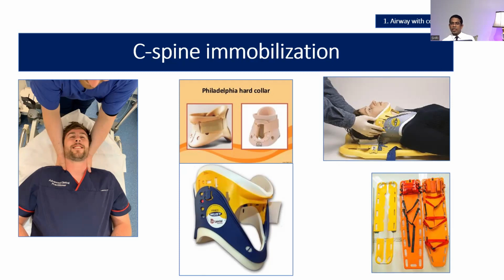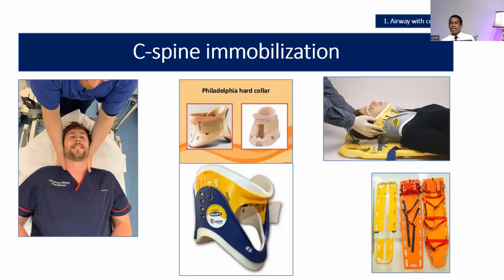Please make sure you apply proper care for the appropriate patient. Not all patients need a hard cervical collar, but a patient who is coming in definitely needs cervical spine immobilization. Usually for a young patient coming with injuries, you can apply a hard cervical collar and then put them into the trauma ward.